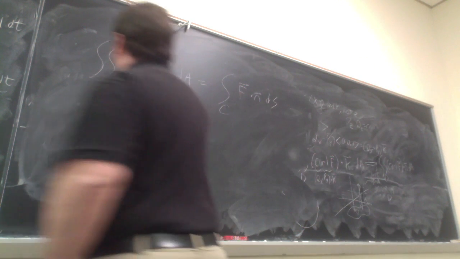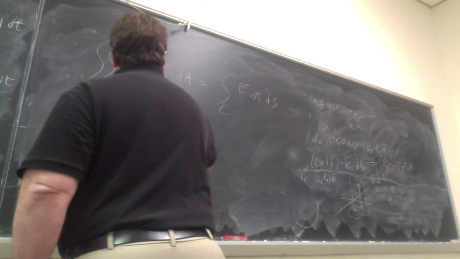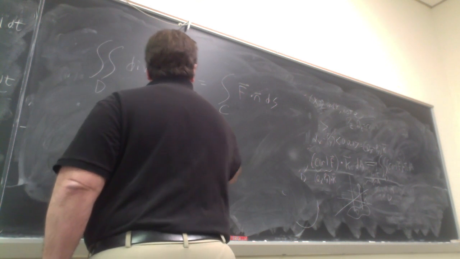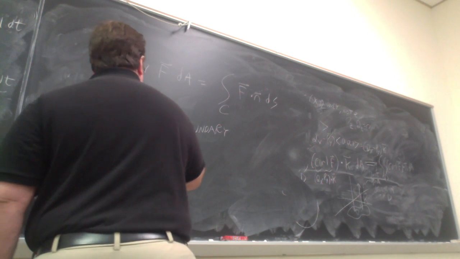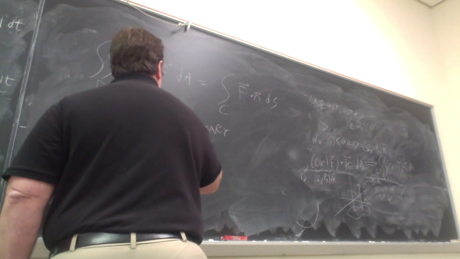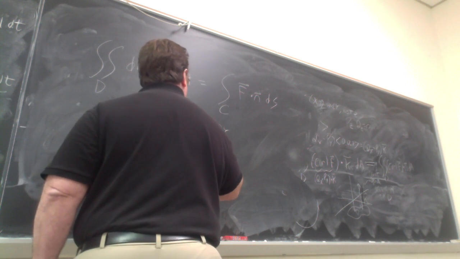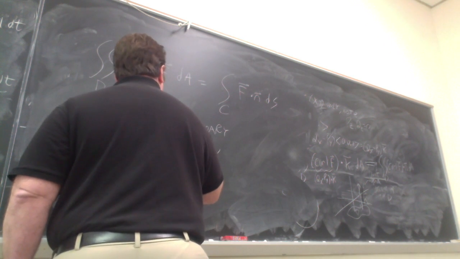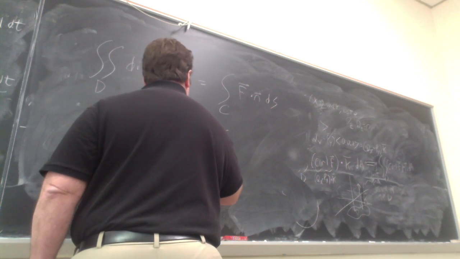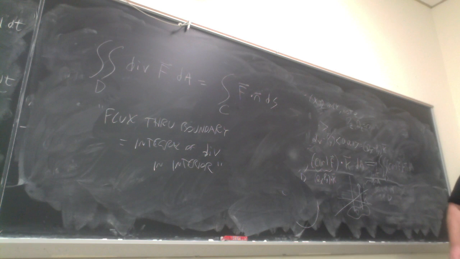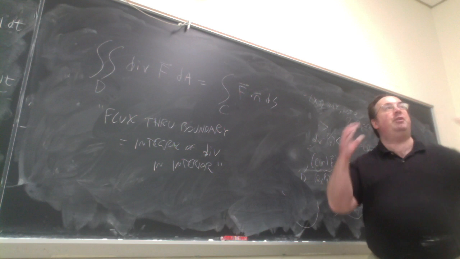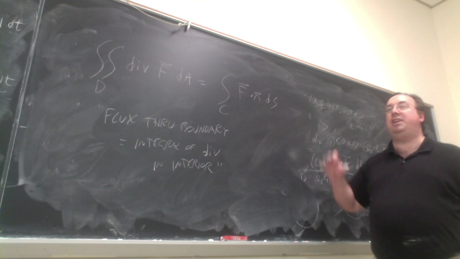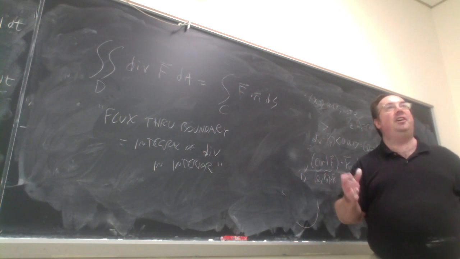So the flux through the boundary is equal to the integral of the divergence in the interior. Okay. So in words, that's what's happening here. This will be generalized later to 3D, where now your interior is a three-dimensional solid, and your boundary is some closed surface.